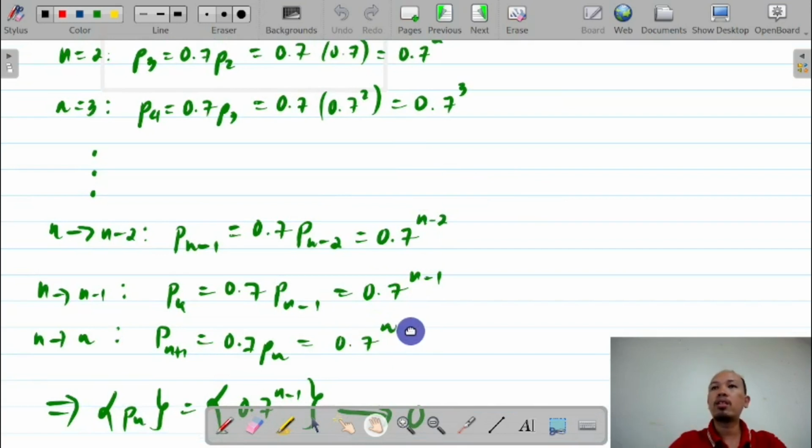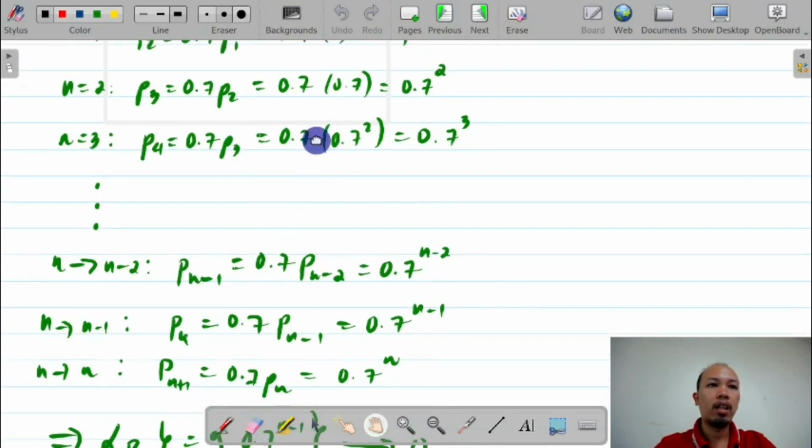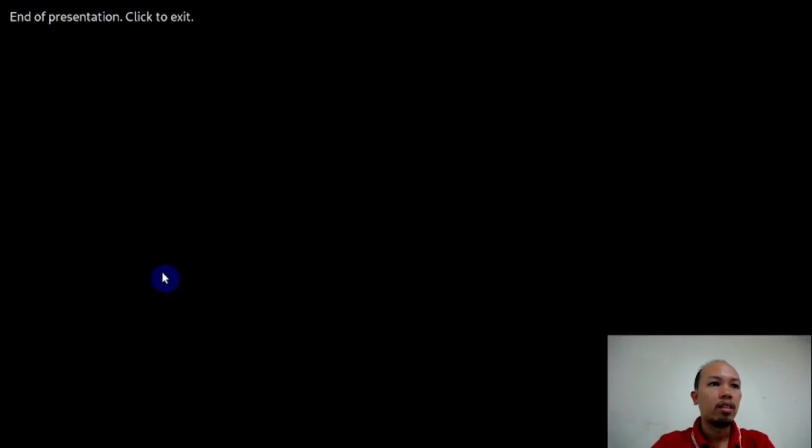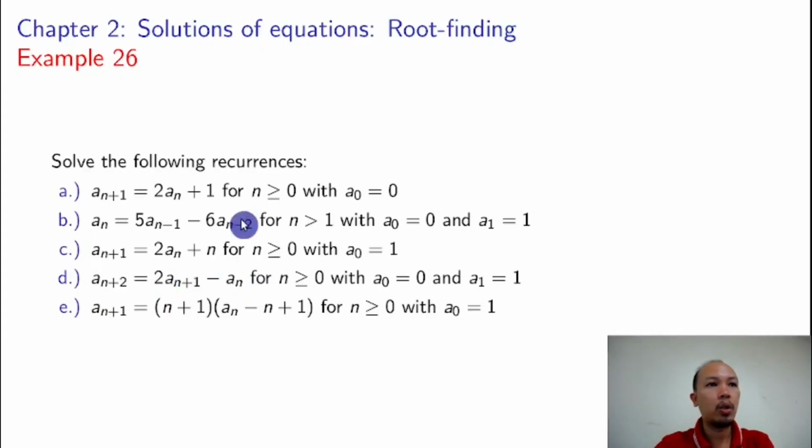So I think this is brute force, but there are problems. There are recurrence relations that cannot be done in this method, just like the one given here. This cannot be done using that kind of approach.